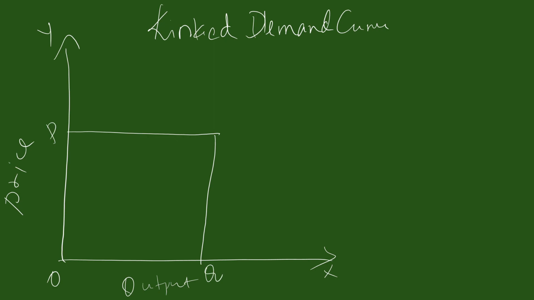Suppose the normal price is OP, and for the price OP we have OQ as the output. For that we have a demand curve like this. Let me explain this with a small example. First we'll complete the diagram so that it is easier to understand.